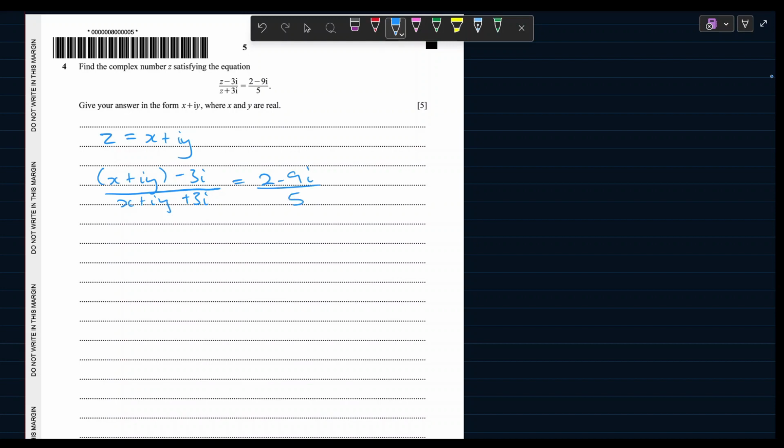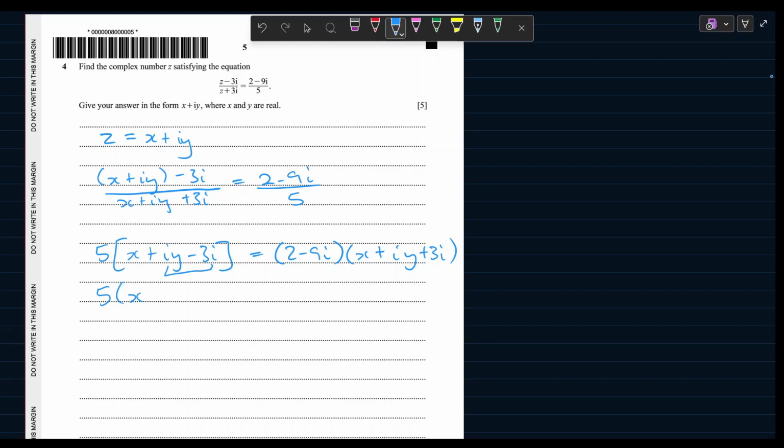So let's cross multiply. So we end up with 5 times (x plus iy minus 3i) is equal to (2 minus 9i) times (x plus iy plus 3i). Okay. So before we expand, I just want to group the imaginary parts here.